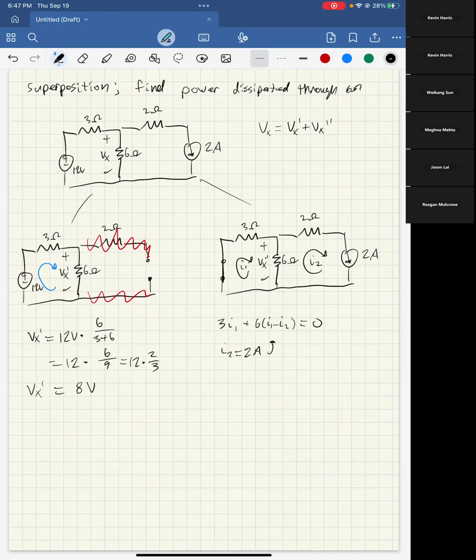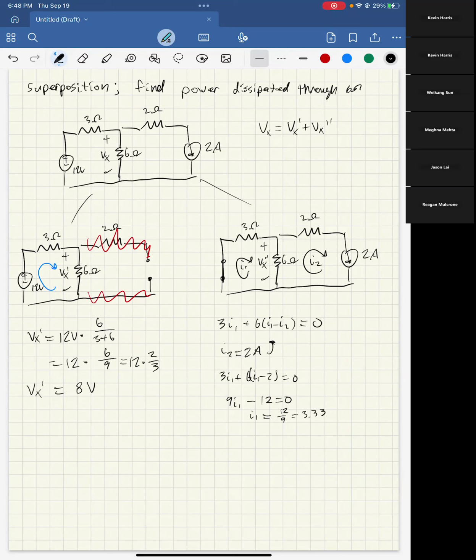So then we plug that in, and we have 3 I1 plus 6 I1 minus 12 equals 0, which is 9 I1 minus 12 equals 0. So then I1 equals 12 over 9, it's just like 3.3.